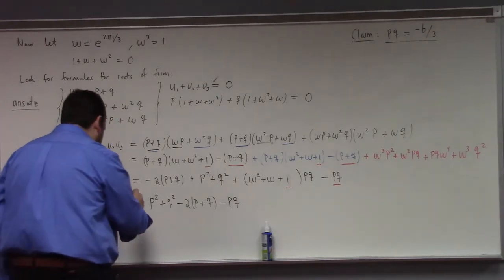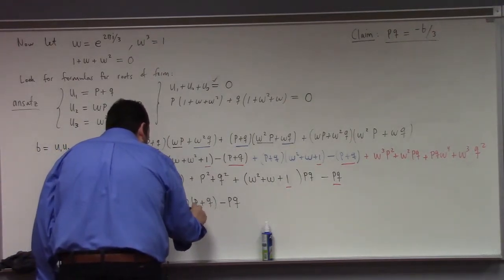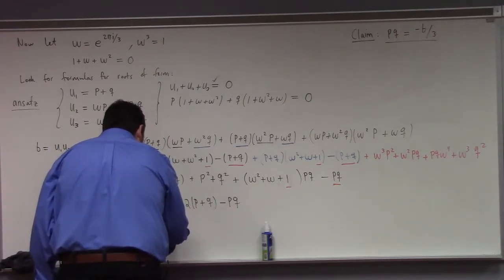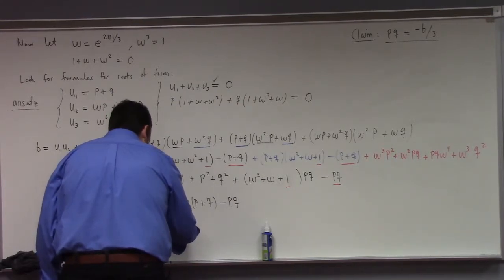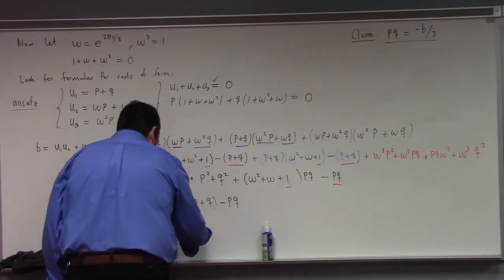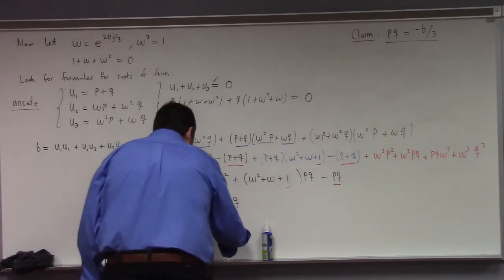What's going on here? Is this P squared minus 2 times P plus Q minus PQ plus Q squared?